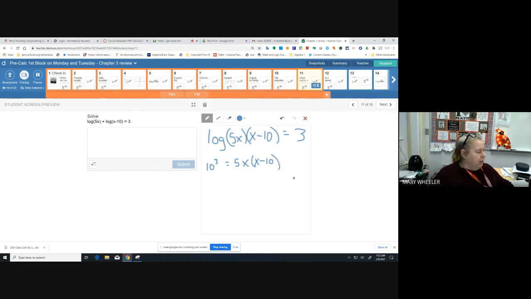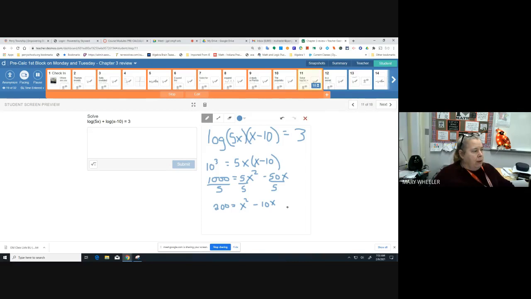And now it just becomes kind of an algebra problem. Let's distribute and simplify some things. 1,000 equals 5x squared minus 50x. Looks like I have a GCF of 5. So I'm going to just divide every term by 5 and get 200 equals x squared minus 10x.